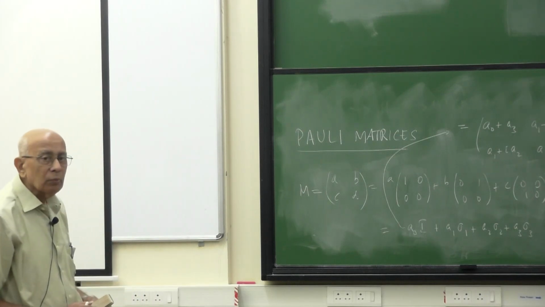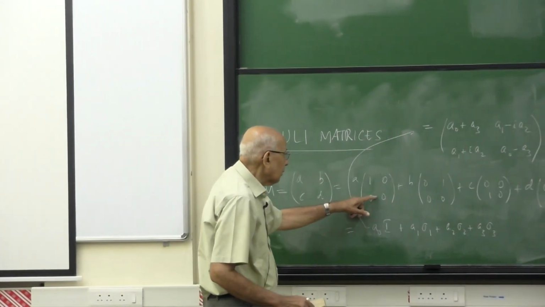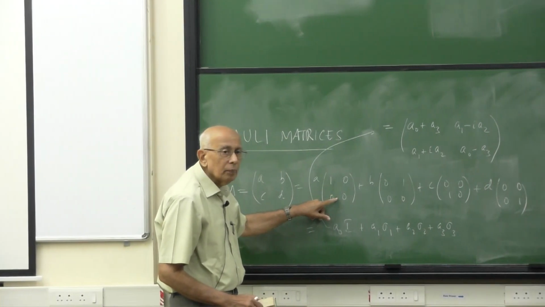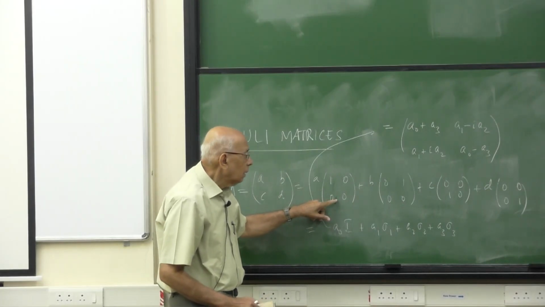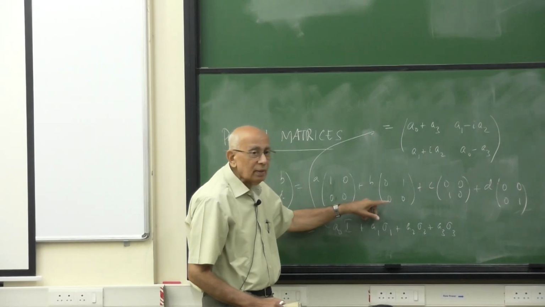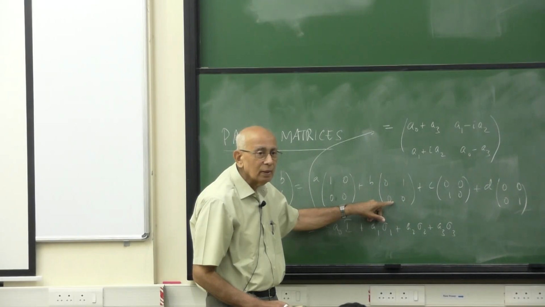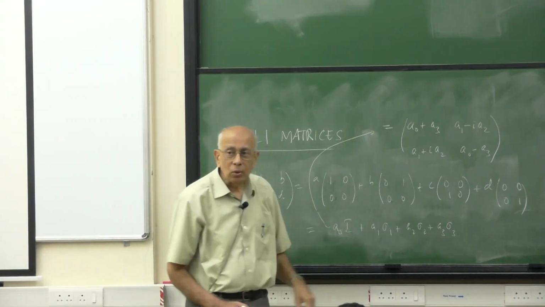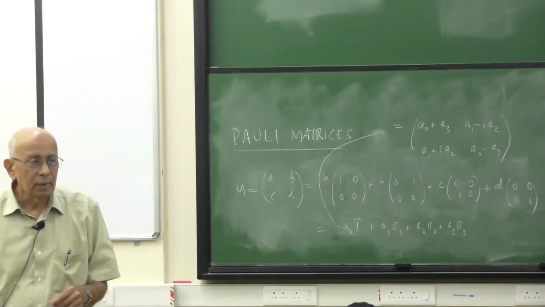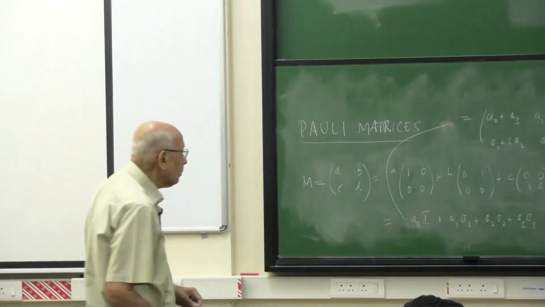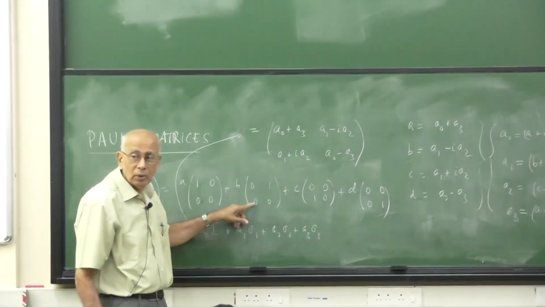Now, what are all the wonderful properties we can talk about here? What happens if I square this basis vector? What's the square of this basis vector? Do you know the row by column rule for multiplying 2 matrices? What's the square of this matrix? 0, it's a null matrix.